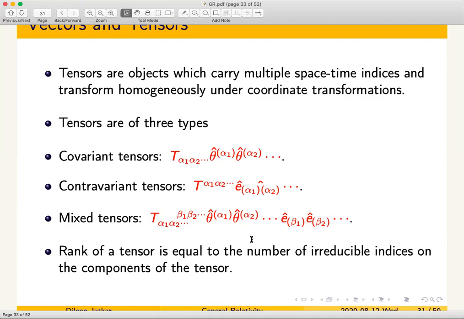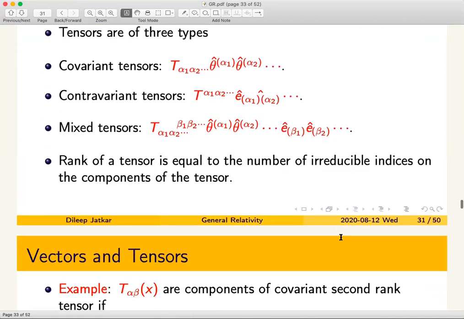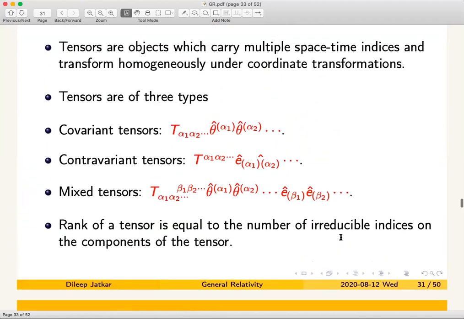That is the notion of the number of irreducible indices. We'll come to that in a moment. But is this definition clear? Covariant, contravariant, and mixed tensors.